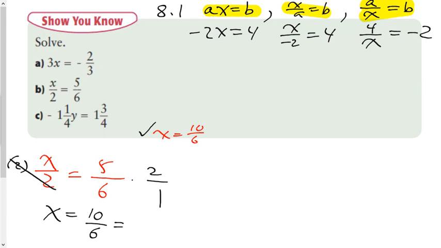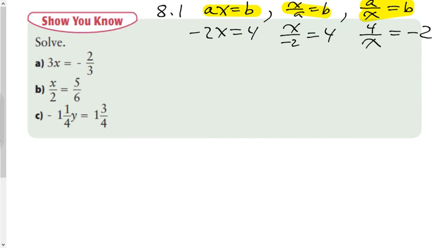That's a mixed fraction. Reducing that down to a mixed fraction will be, there's 1/6 with 4 over 6 remaining, which in lowest terms is 1 2/3.